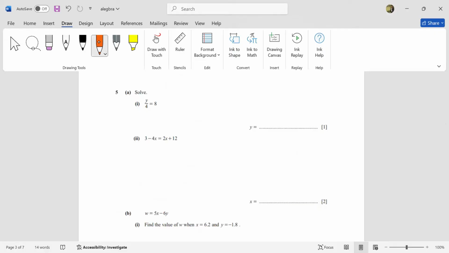Apparently, if we look at these questions, these seem very simple, just 1 mark questions. So 8 fours are 32, simply 4 is going to multiply. y is equal to 32. Answer. Okay.